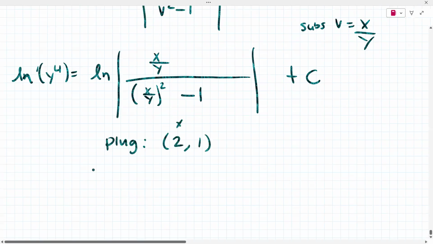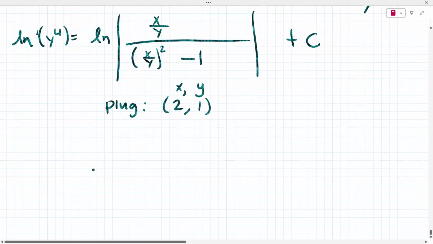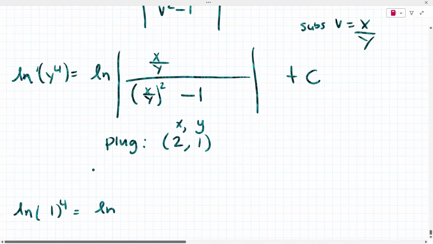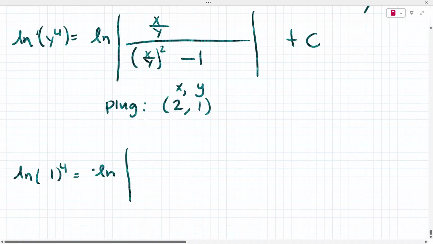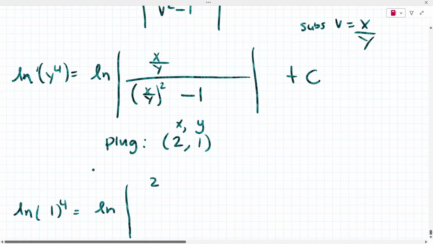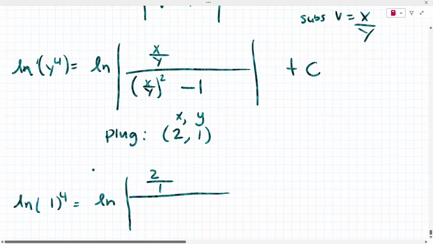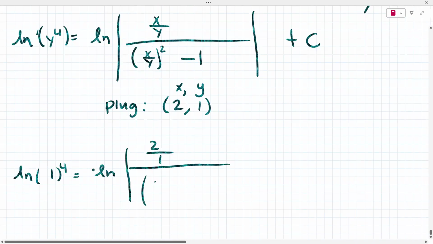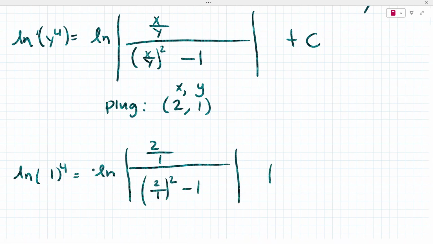Your x is 2 and your y is 1, right? That's going to be ln of 1 to the fourth equals ln of absolute value of 2 over 1 over 2 over 1 squared minus 1, plus c.